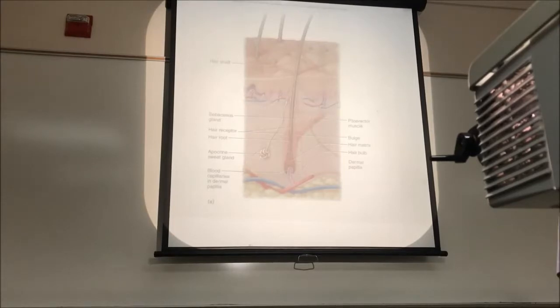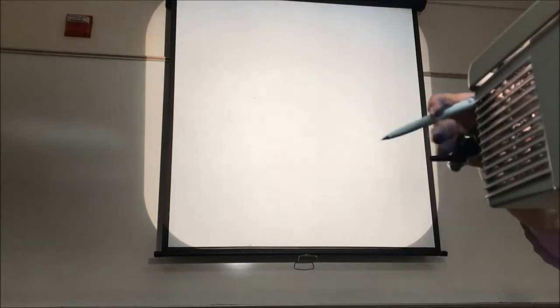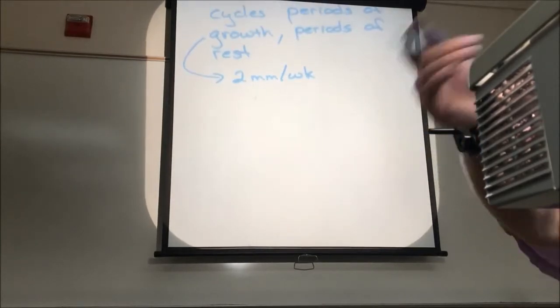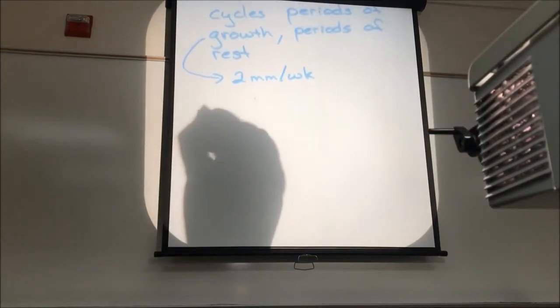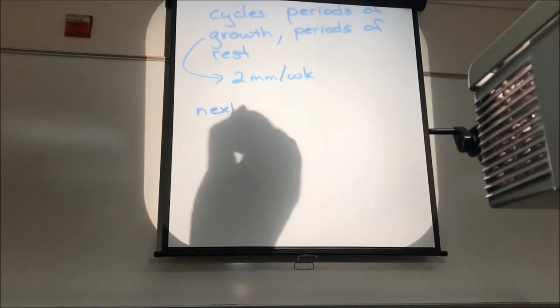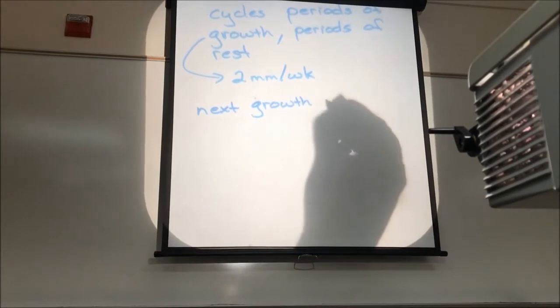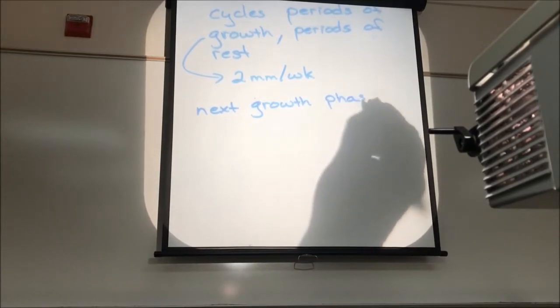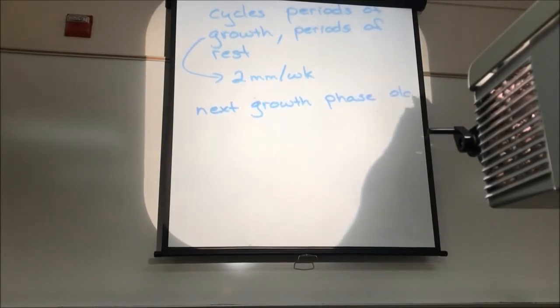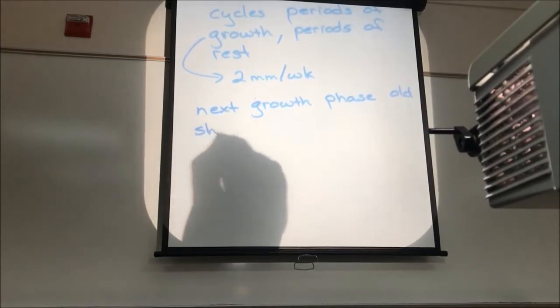Then when the next growth cycle starts, this hair shaft will fall out. The old shaft is released, and a new shaft is begun. So at the beginning of the next growth phase, the old shaft is released and will fall out.